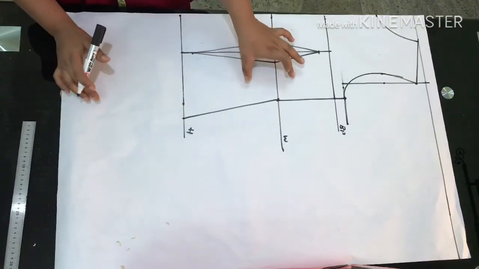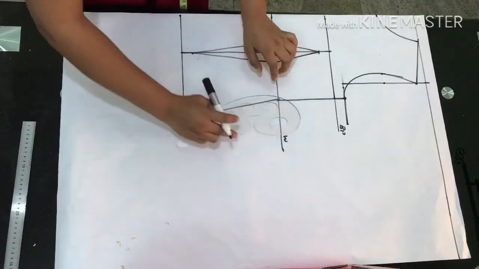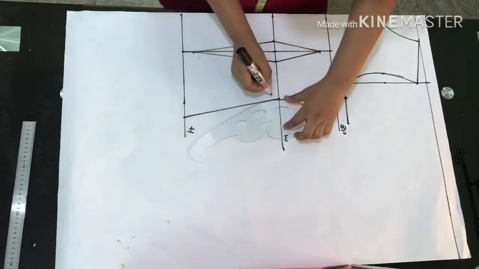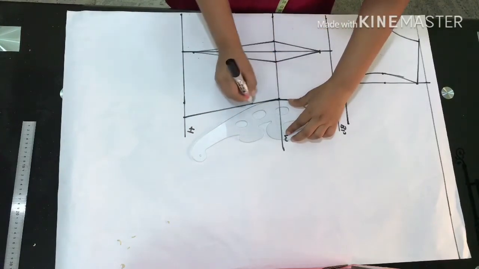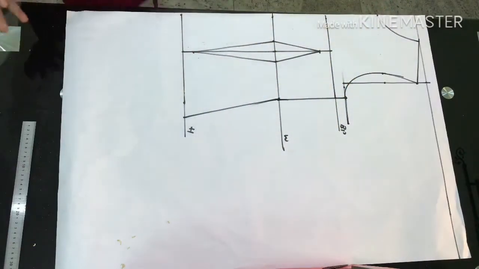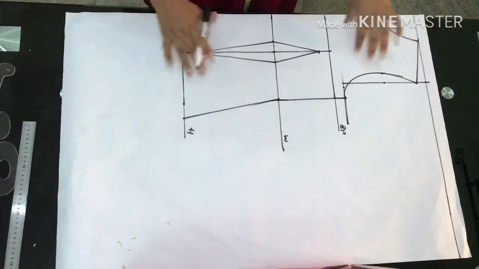Because this doesn't really look so good, you use your curve to blend it, to have a smooth curve around here. So this is it, and this is done for the front.